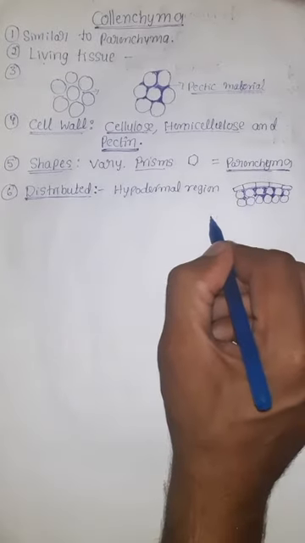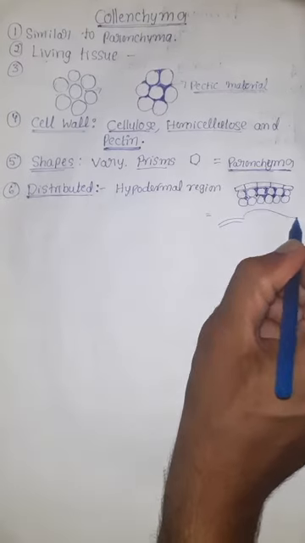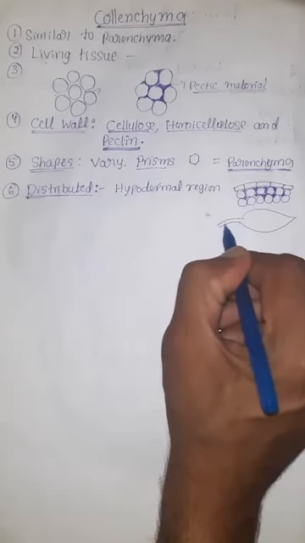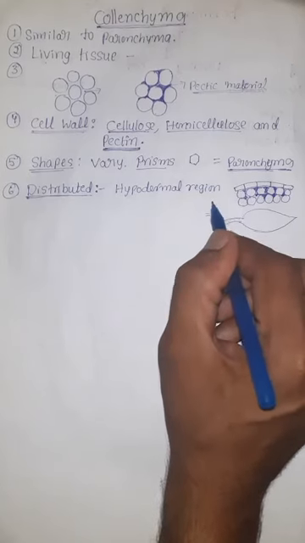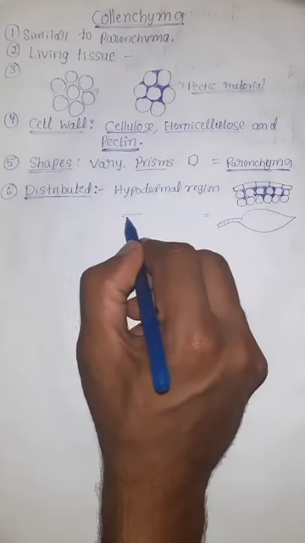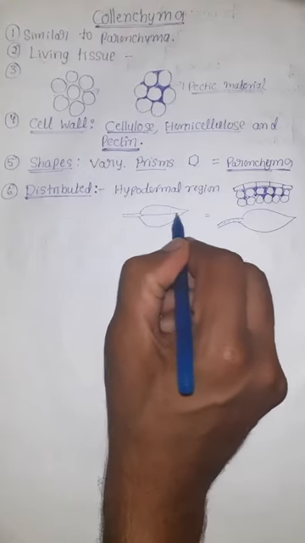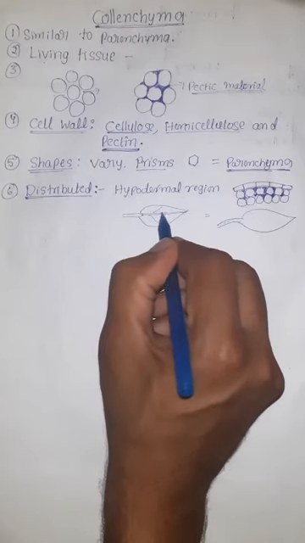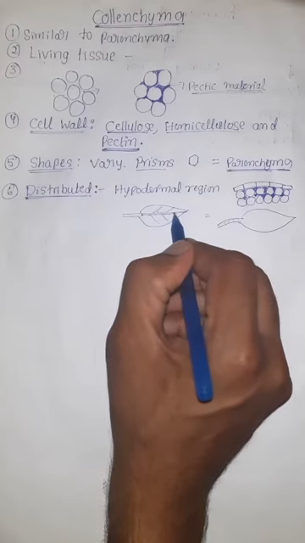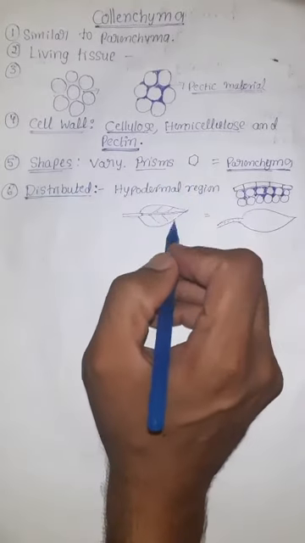And in the petioles of leaves, usually we can see collenchyma tissue. In the midvein portions, or around vascular bundles, we can see collenchyma tissue.